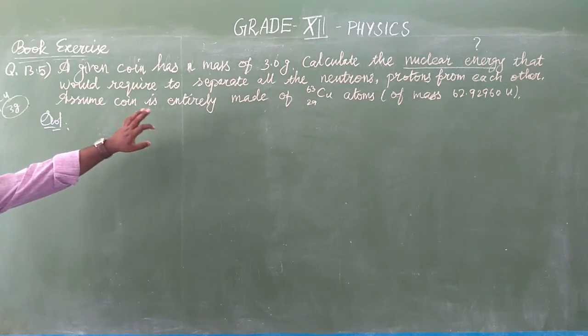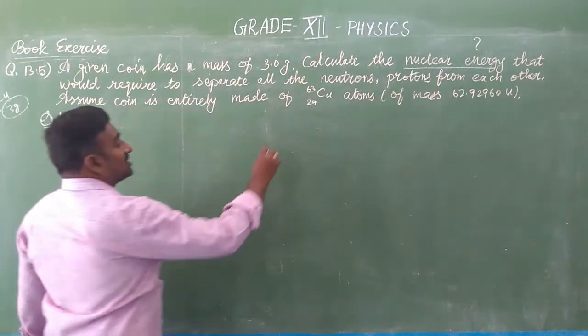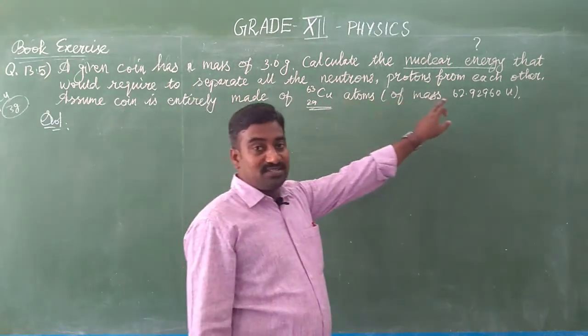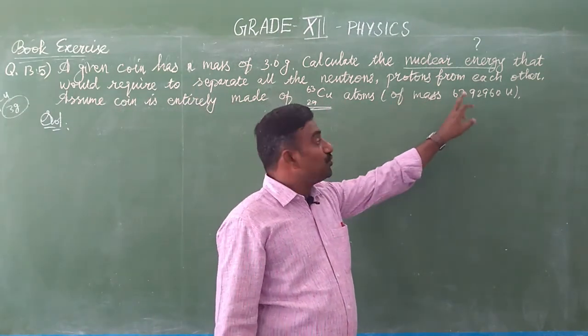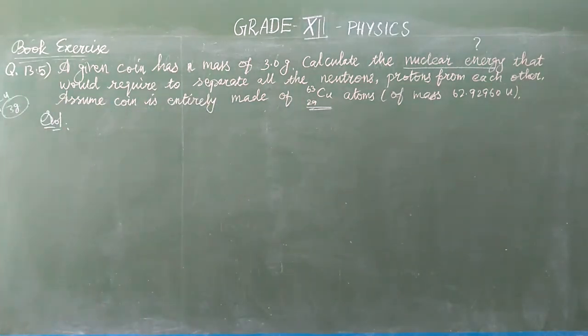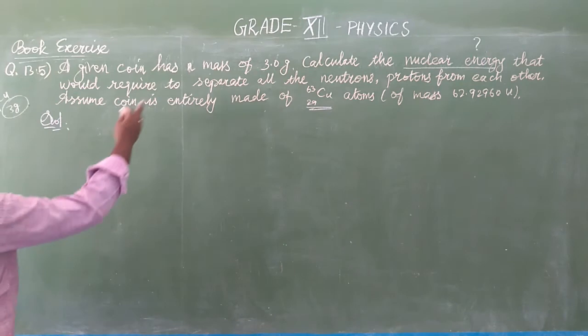Assume the coin is entirely made up of copper 29 63 atoms and the atomic mass of the copper is given, that is 62.92960 unit. Okay, so first you write the given data.